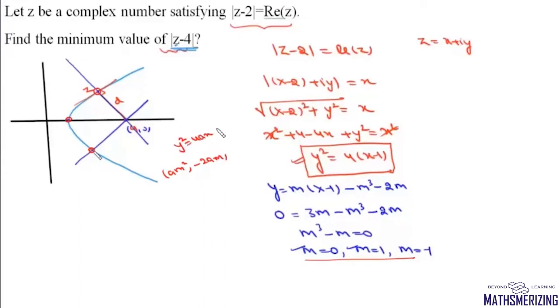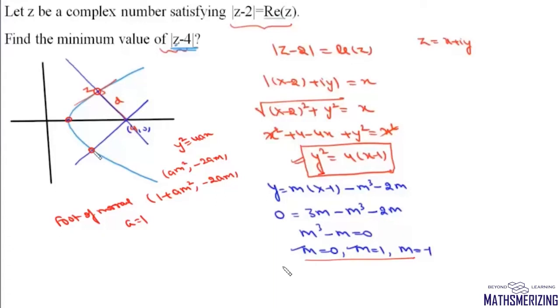But we have a parabola which is y² = 4(x - 1). So in this case, the foot of normal will be given by (1 + am², -2am). Now for this parabola, the value of a is 1. So now we'll start putting in the values of m.